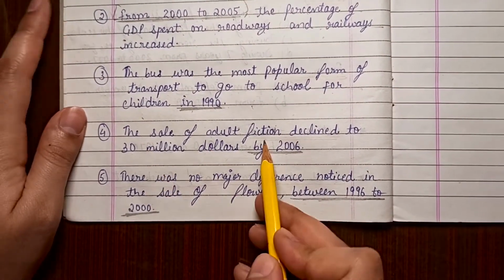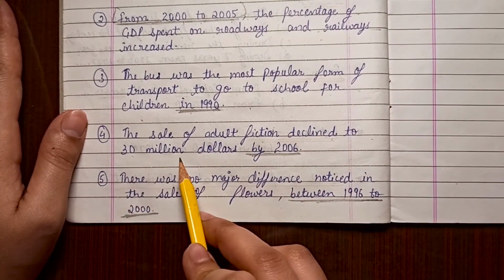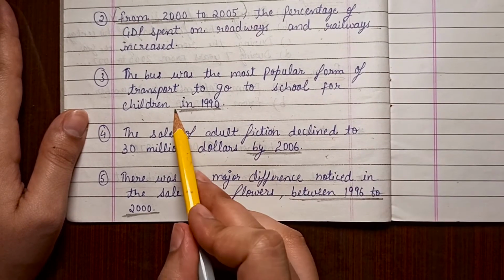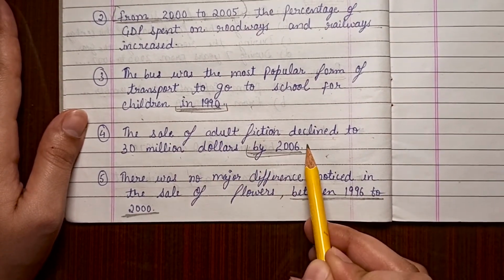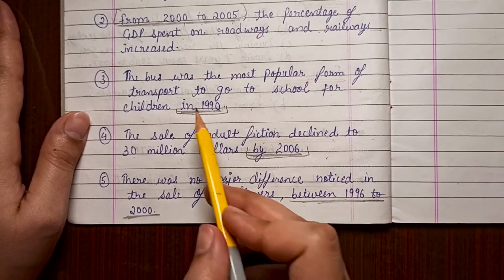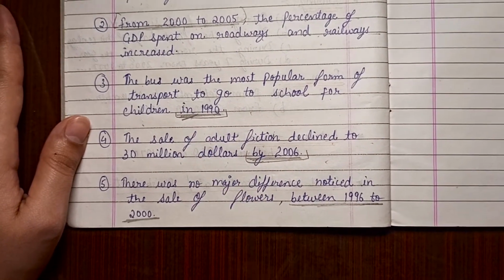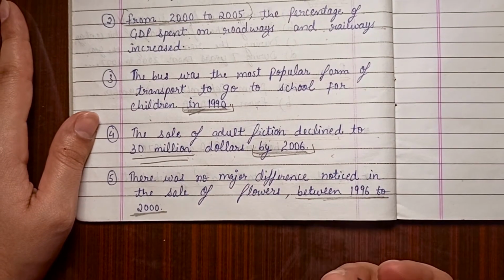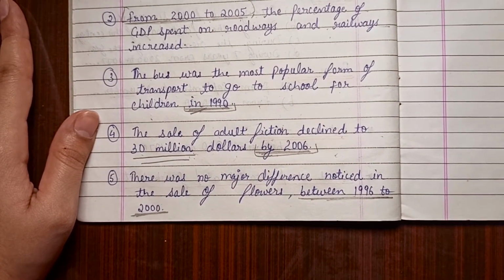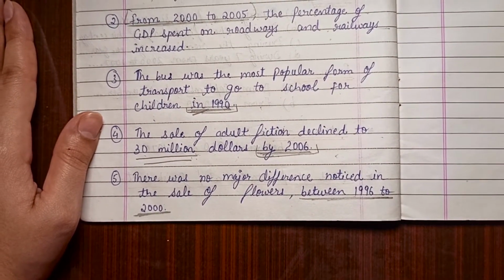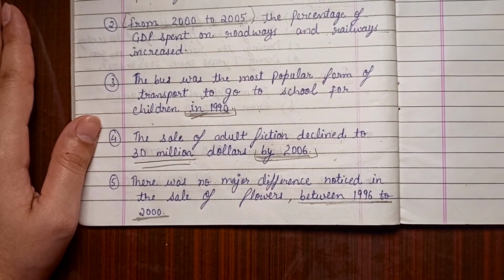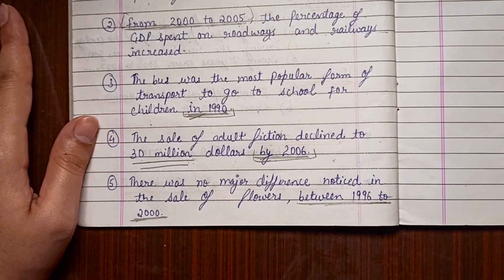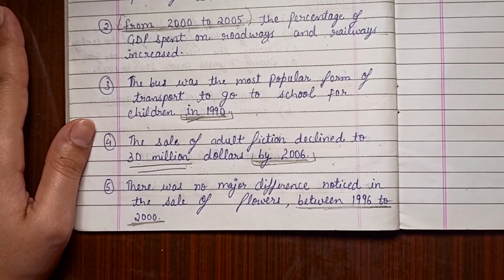The sale of adult fiction declined to $30 million by 2006. It is similar to this one, right? You can use by, you can use in. You will not write S here. You can see here, it is not millions. You can write millions just in the introduction part, if you are mentioning that units are given in millions.